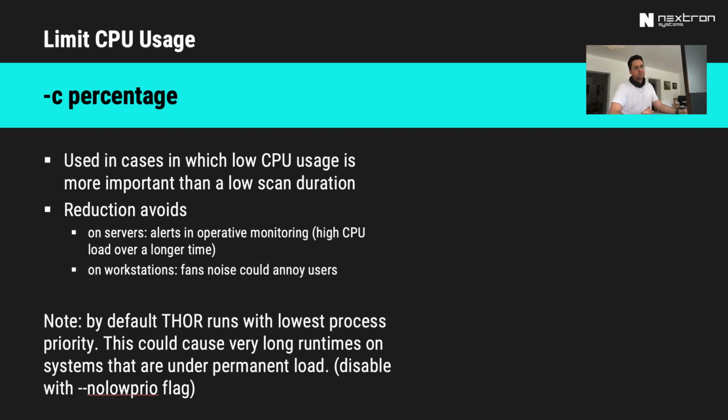Limit CPU usage. You can limit the usage to a certain amount. It's often important, for example, on server systems, to not trigger some operative monitoring alerts that tell you, oh, the system load on that system is over 90% over the last 30 minutes, and on workstations to reduce the fan noise level.